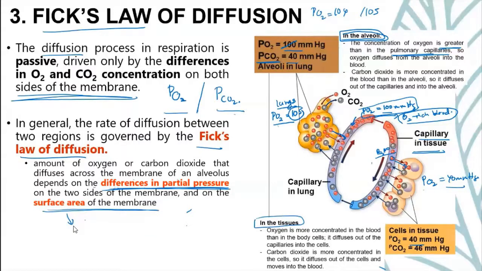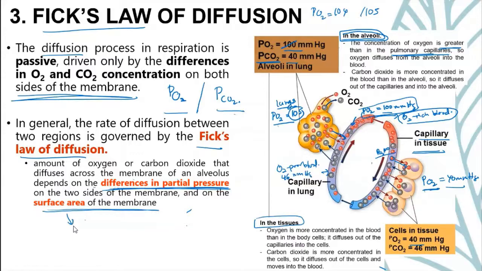Now for carbon dioxide, if we look here, this is the blood capillary that carries oxygen poor blood. The partial pressure of oxygen is low. Sorry, the partial pressure of carbon dioxide is high, which we can take as around 40, 46 or 45 mm mercury.